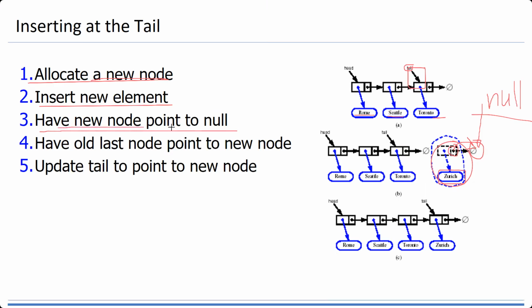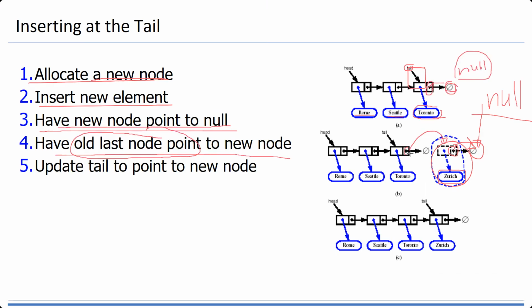After you have the new node point to null, we want to have the old last node, in this case Toronto, whose original link is to null. Now I want to update this null into the new node.